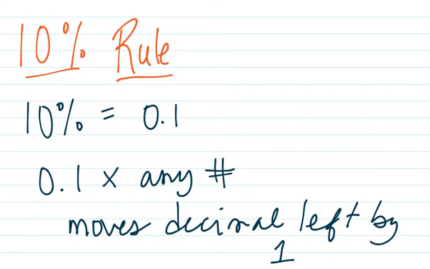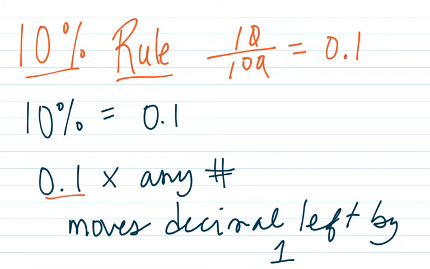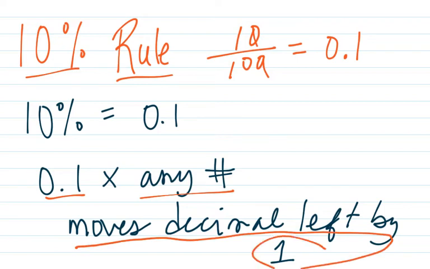Okay, 10% rule. When I rewrite 10% as a decimal, remember that would be taking 10 and dividing it by 100. That cancels, I get 1/10, which is the same thing as 0.1. When you take 1/10 times any number, that moves the decimal left by 1.